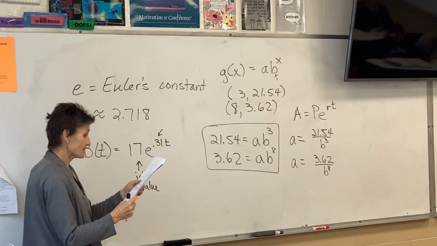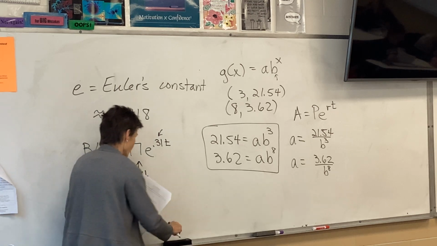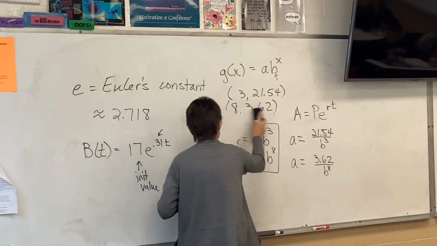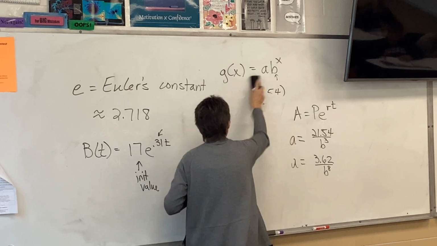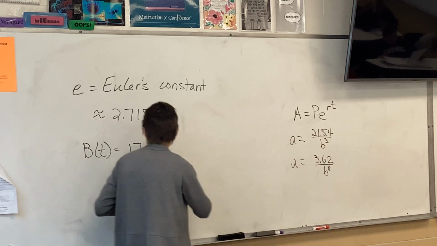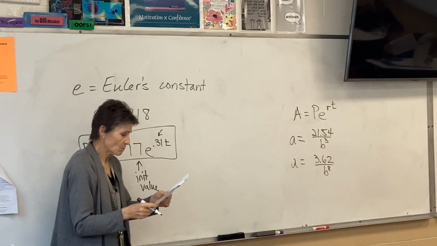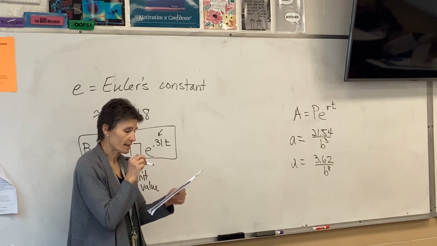So it says, oh, wait, hold up. Question A, what is that asking for? This is the formula he's starting with. What does he want you to do in question A?